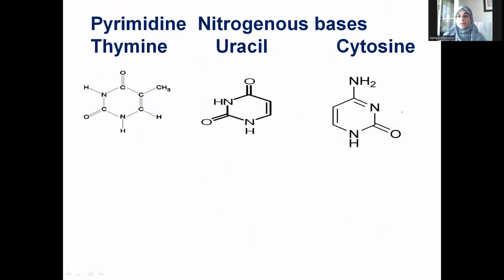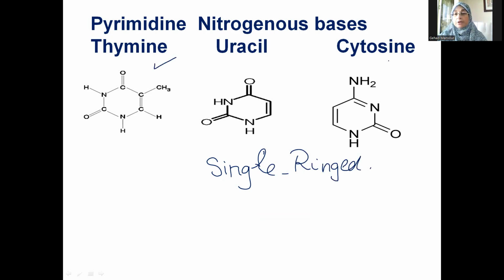This is how pyrimidine nitrogenous bases look like. They are, as you know, single ringed. In DNA, we can find thymine, we can find cytosine, but we cannot find uracil. Uracil is present only in RNA.